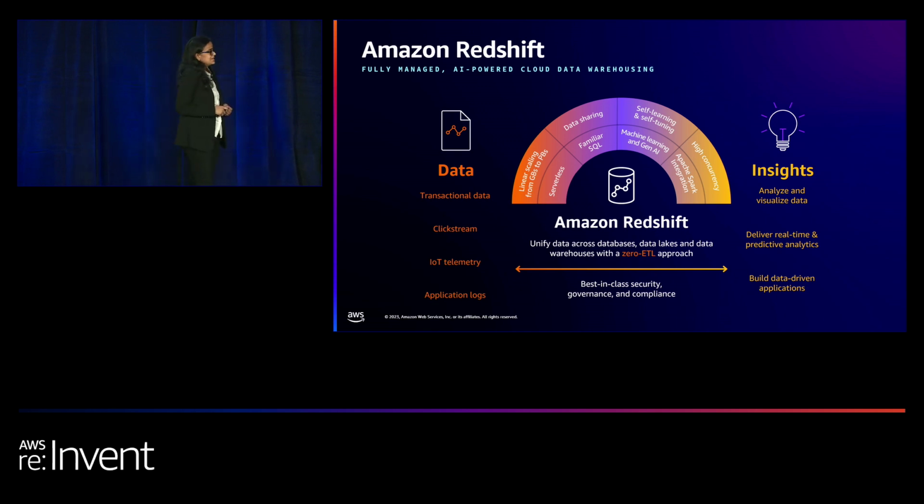Since then, in the last decade, we have added a lot of innovations to Redshift so that we can keep pace with customer demands, but also expand the horizons of data warehousing use cases to high performance analytics at scale, and also add machine learning capabilities, Spark integration, near real-time analytics, data sharing, and monetization. So there are a lot of capabilities that a data warehouse can offer today.